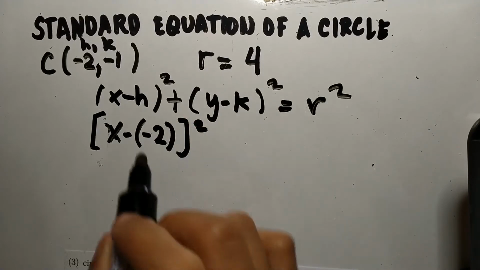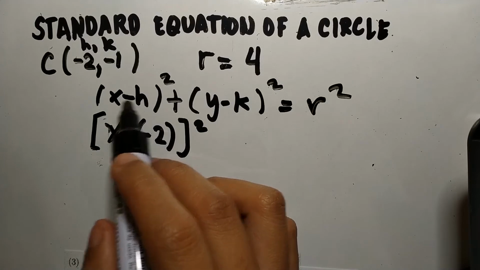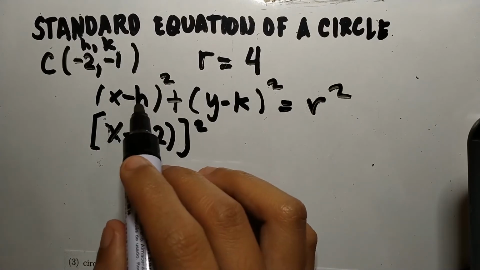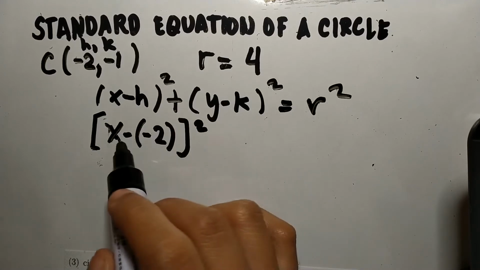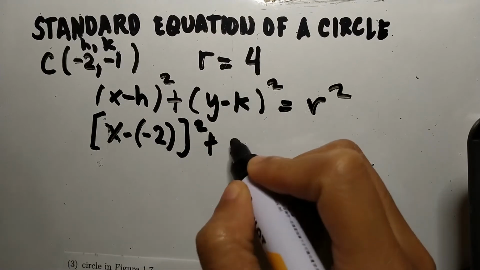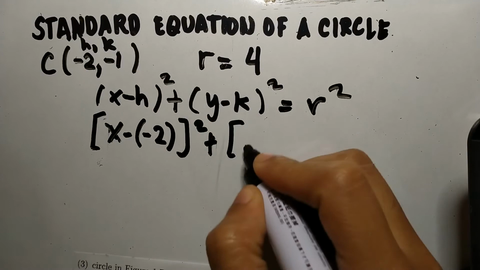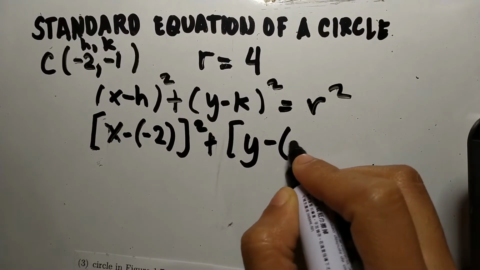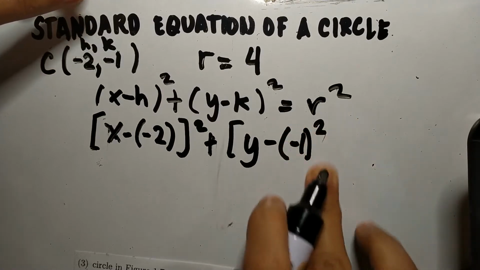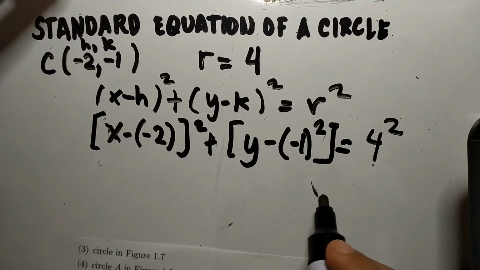Always remember that when it is negative, enclose it in parentheses, because we should treat h differently when it is negative. Multiplying the negative by the negative becomes positive. The same will happen to y. y minus negative 1 squared, equals 4 squared.